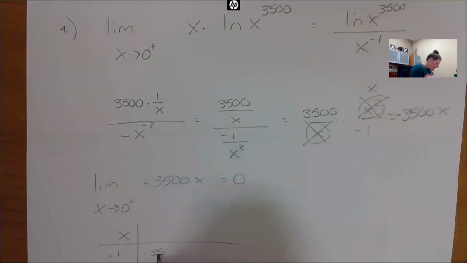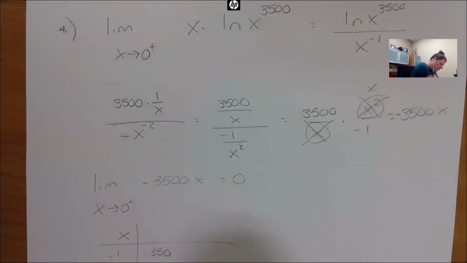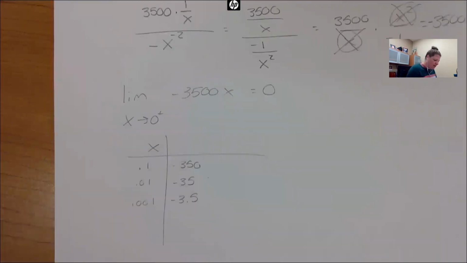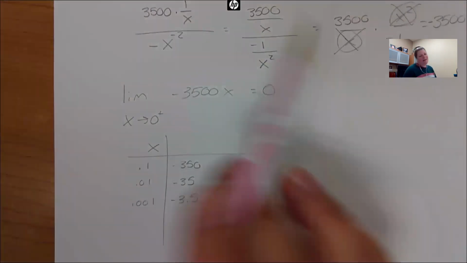Okay, and then negative 3,500 times 0.01, negative 35. This one's going to go to negative 3.5. So you lose a decimal each time as you get closer and closer to 0. So it's just approaching 0. Negative 0, but you can't have negative 0. I don't know if I love that one.